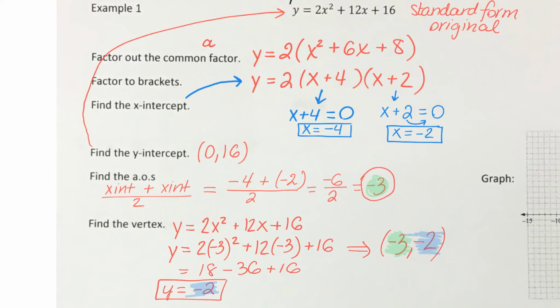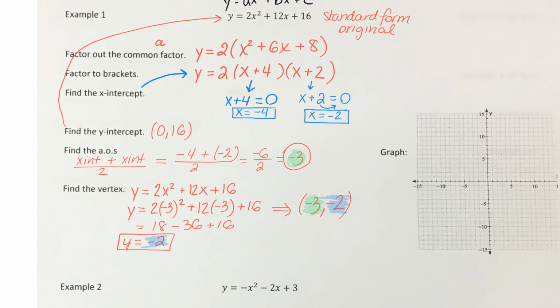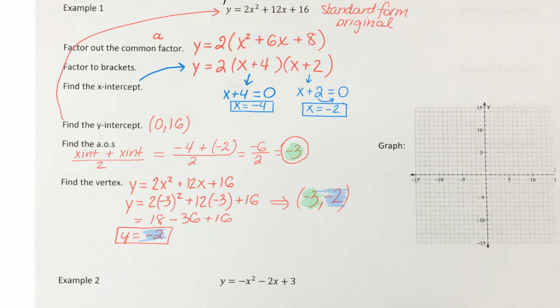Okay? So when it's time to graph, here's what you're graphing. You're going to graph the vertex, you're going to graph your x-intercepts, and you're going to graph the y-intercept.